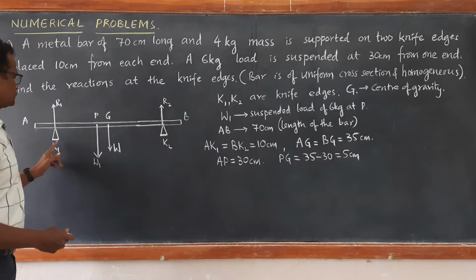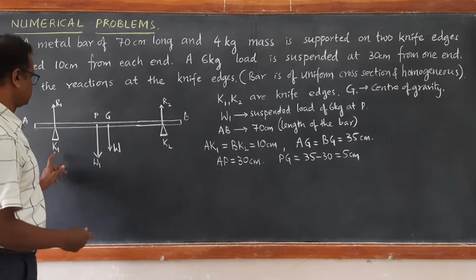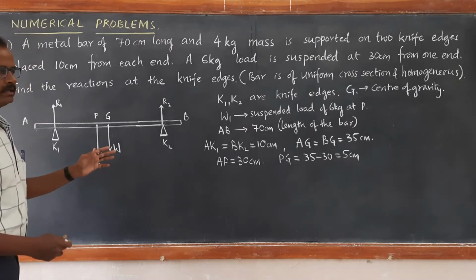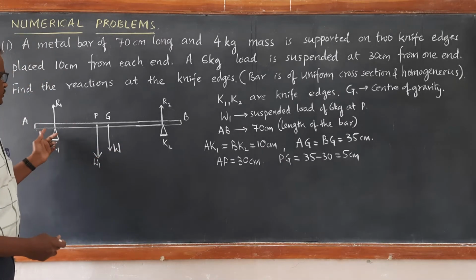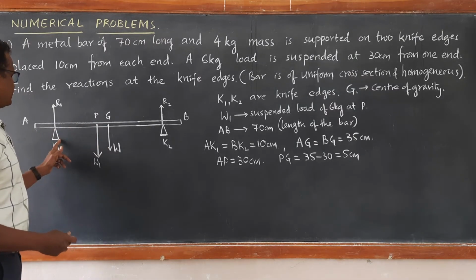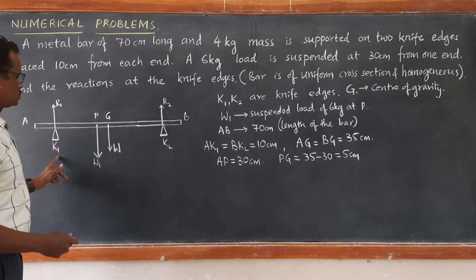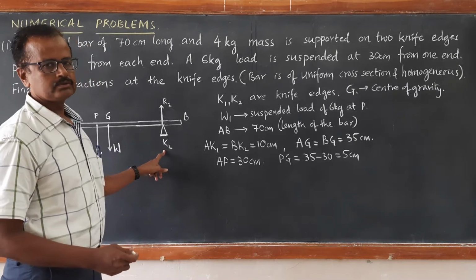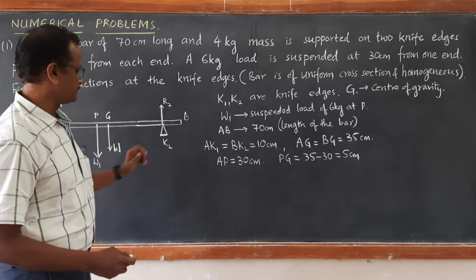Then what is K1G? K1G and K2G are also at equal distances. If AG is 35 centimeter and K1 is at 10 centimeter, then K1G and K2G are equal, 25 centimeter.